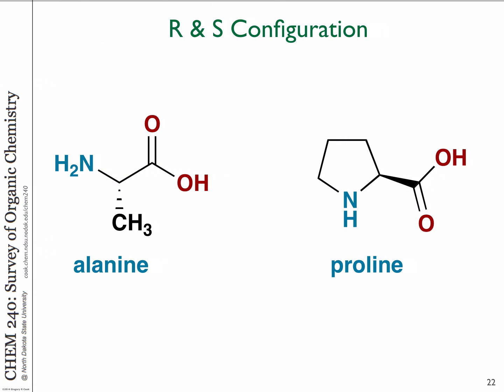Okay, here's some amino acids. Amino acids, they make up proteins, but they all have stereogenic carbon. Two of them here, one is alanine, one proline. So what are the configurations for these carbons? Figure them out.